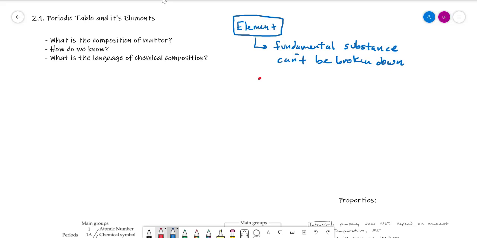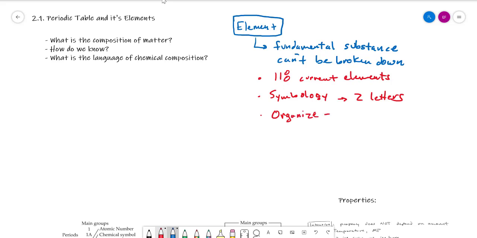And so we've got about 118 current elements. Several of those, we're not discovering new ones, but we're creating new ones in labs. We represent elements using a symbology of two letters, and we organize these things based on observable properties over the last several hundred years.